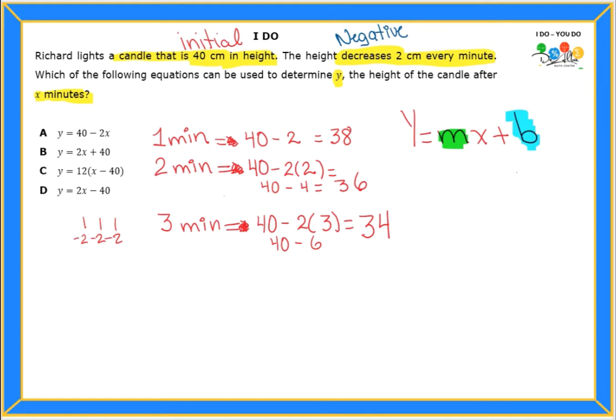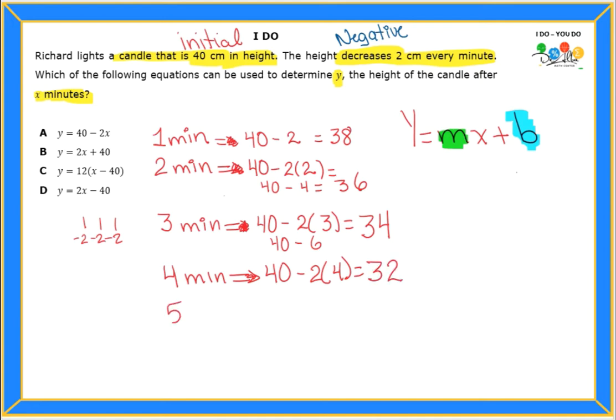Do you guys follow me here? What about 4 minutes? I'm just going to multiply 2 times 4 because of the 4 minutes, right? 40 minus 2 times 4, remember 2 times 4 is 8, so that will be 32.